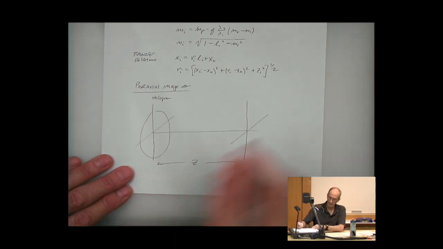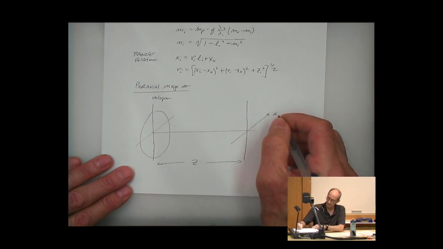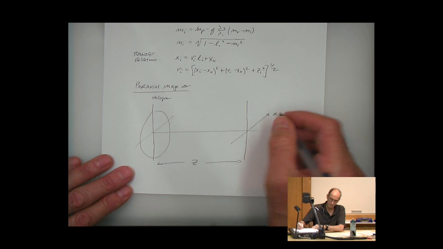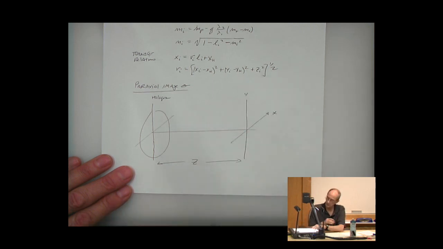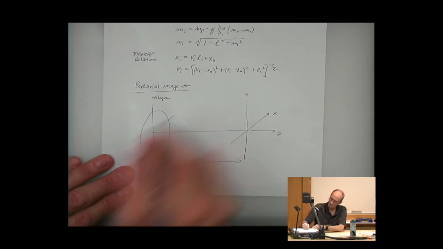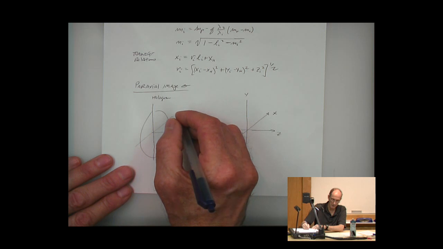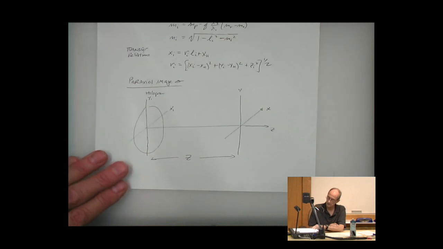Here I'm using x and y, which I normally use differently, but for this I'll just use it this way. Bear with me. Here we have an x1 and y1 coordinate system.